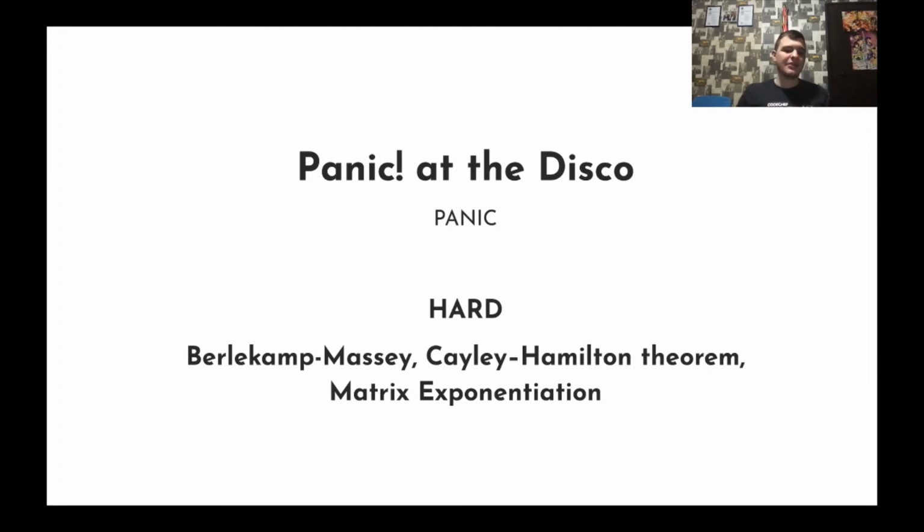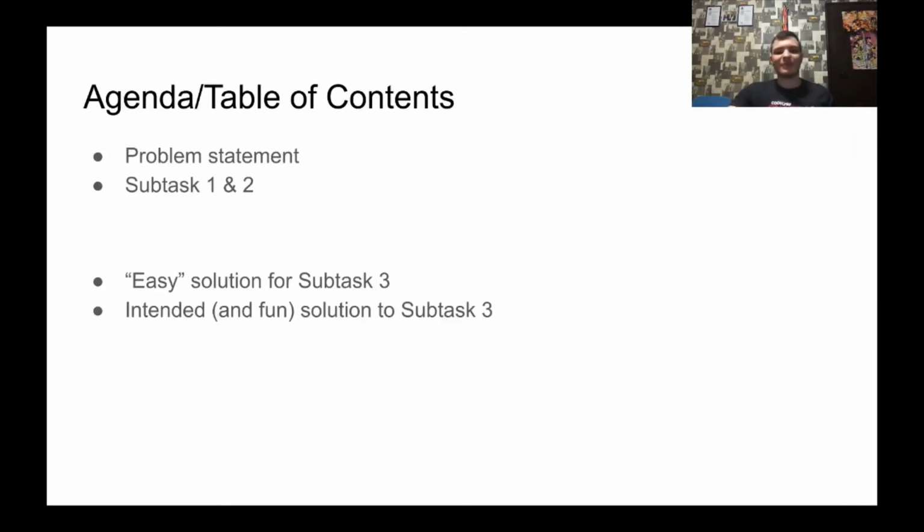This one was more of a mathy problem because it required quite a lot of different theorems or algorithms related to linear algebra and linear recurrences. You can see that it requires some prior knowledge, but hopefully I'm going to explain everything pretty well. And I guess we can just go straight to the problem.